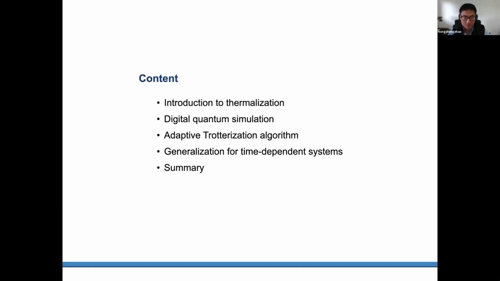Then I will move on to our algorithm, which is a Trotterization but with adaptive step sizes in order to improve the performance of digital simulation. Then I will also generalize it to time-dependent systems, and in the end I will summarize our results.